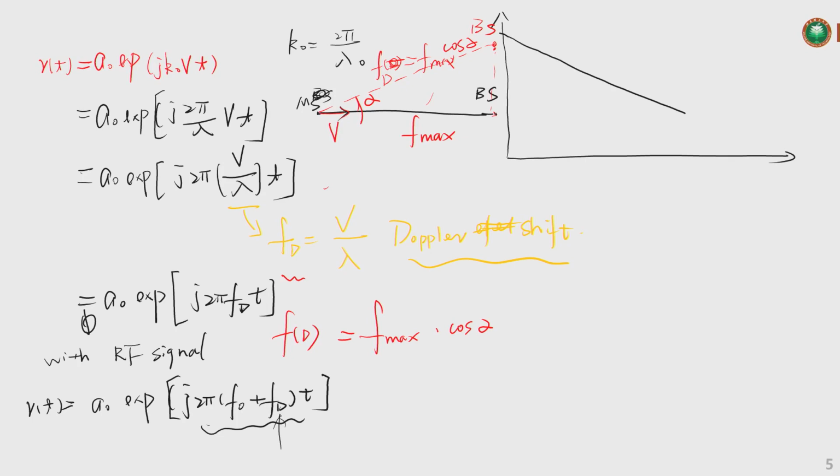Because we cannot always move towards the base station as a mobile user, we can move around or in any direction we want to choose. So the Doppler shift is going to be modified by the angle between your moving direction and the line between the mobile user and the base station.